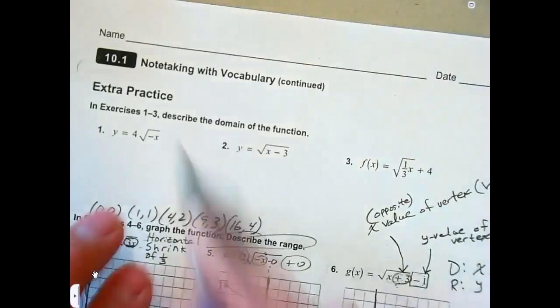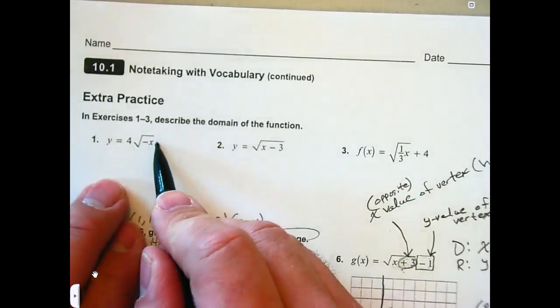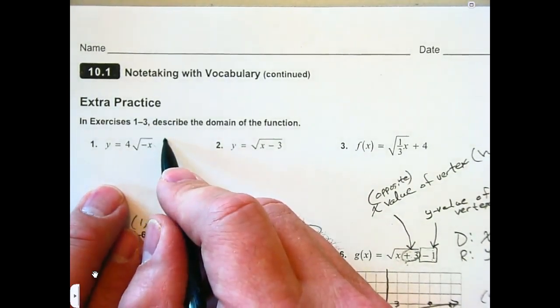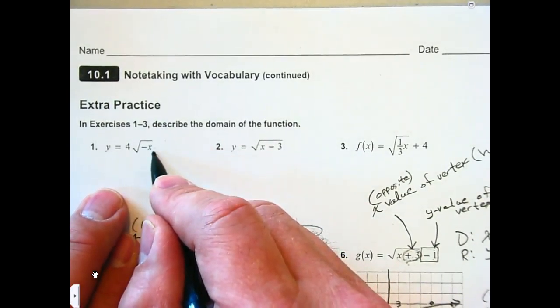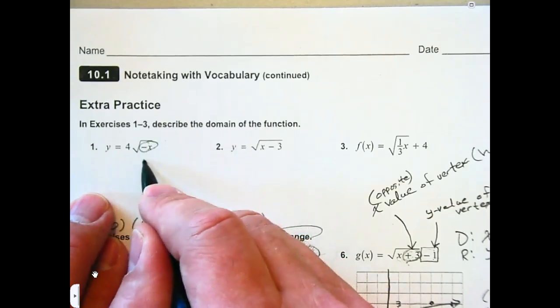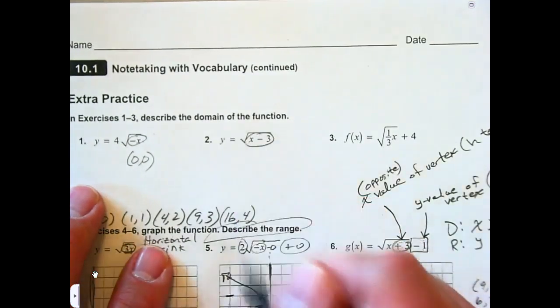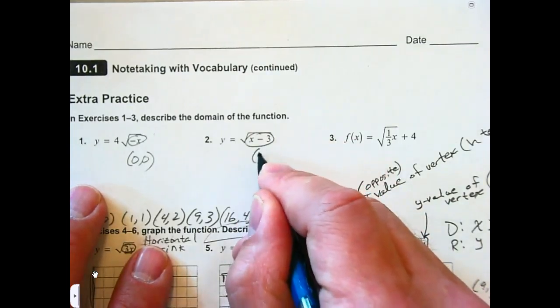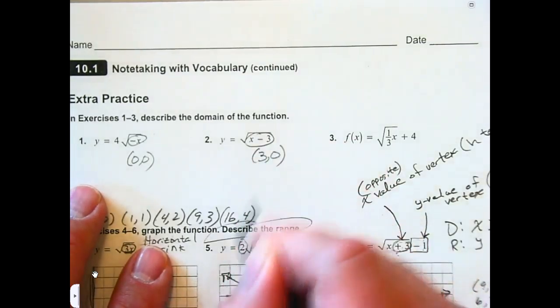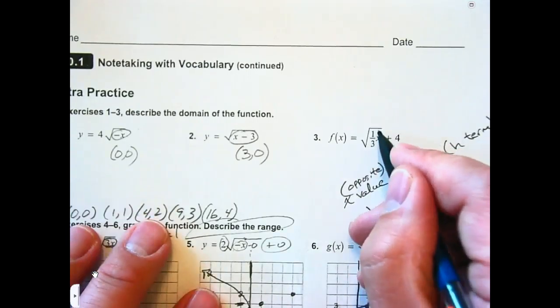Like if we were looking at this one, what would be the vertex, or the starting point? Yeah, there's nothing in there. It'd be 0, 0. We'd start there. Where would we start on this one? 3, 0. Where would we start here?